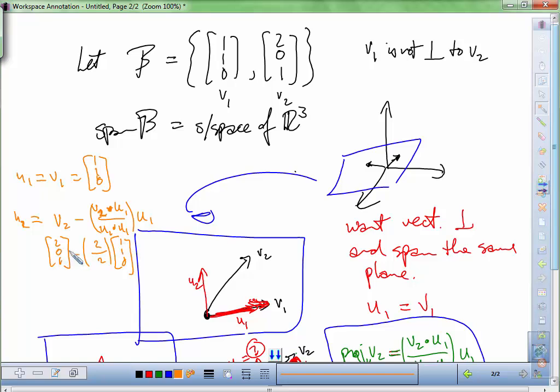So basically we subtract: 2 minus 1 is 1, 0 minus 1 is negative 1, 1 minus 0 is 1. So this is U2. Between U1 and U2, they would span the same plane as the two vectors we originally started with.